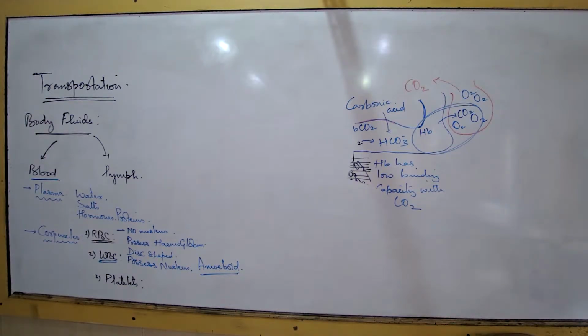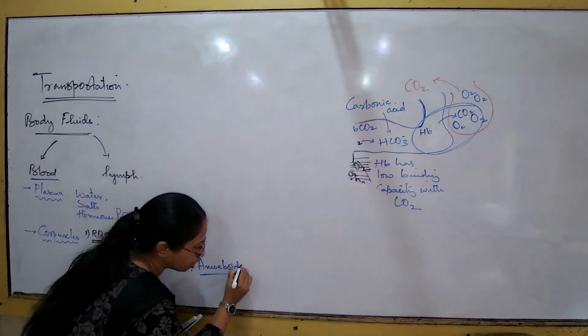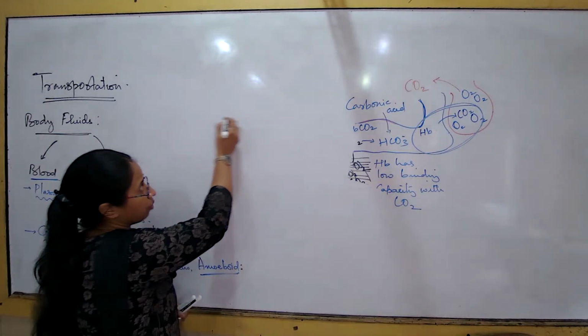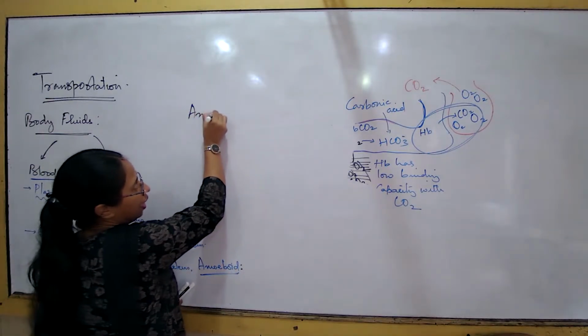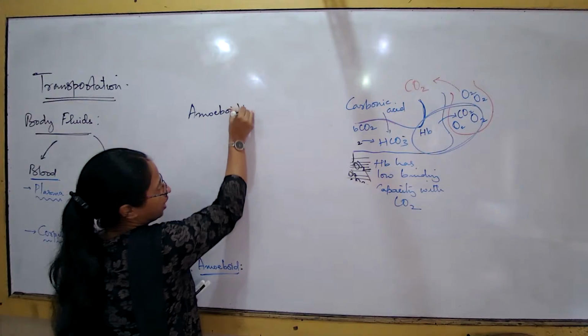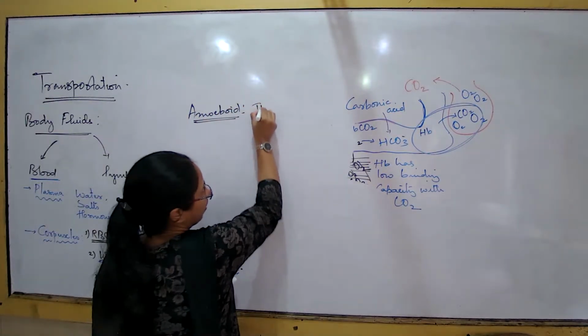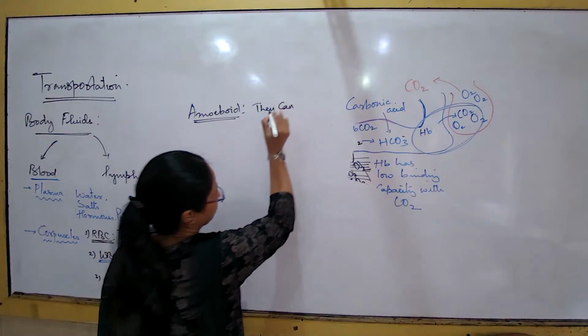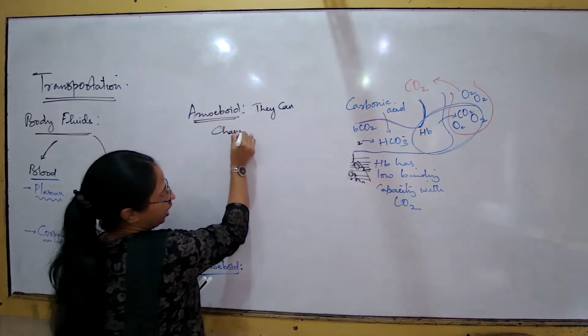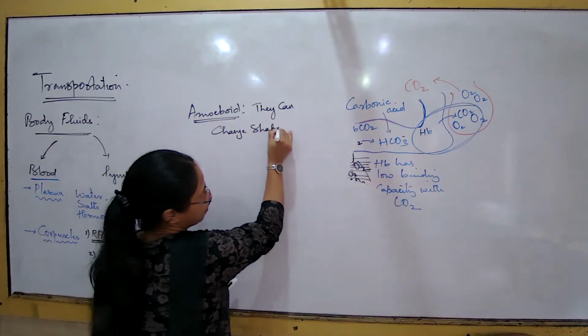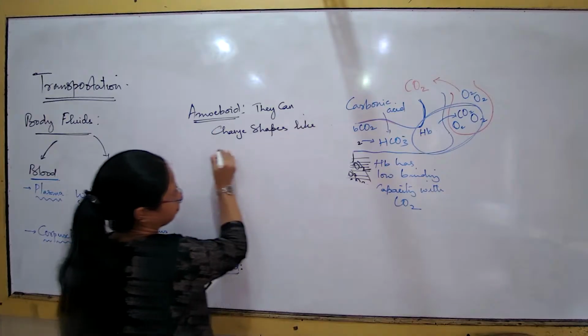Their job is to clear the germs in our body, give us immunity, and give us resistance against diseases. Why are WBCs known as amoeboid? They can change shapes like an amoeba.